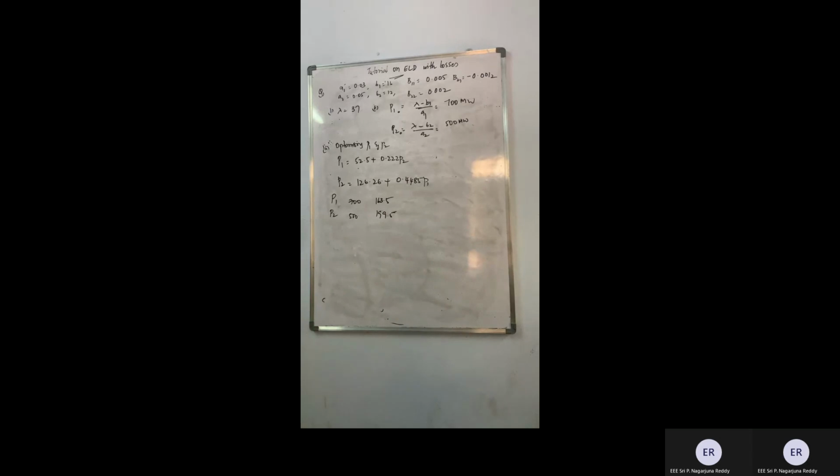I think now we can get a quick convergence. 199.5 into 0.222. This is 96.7.